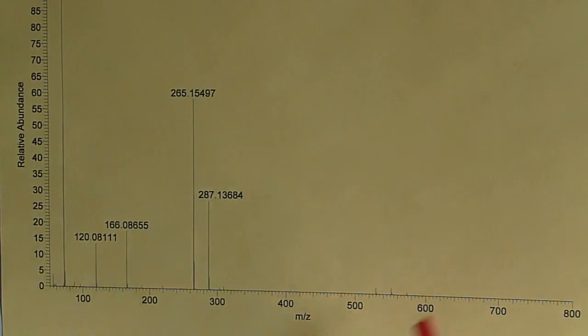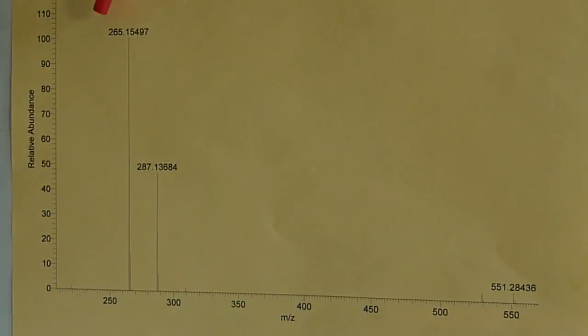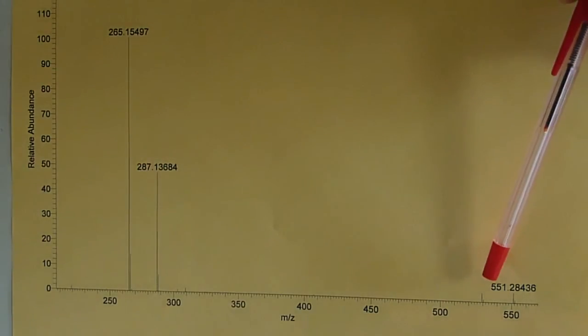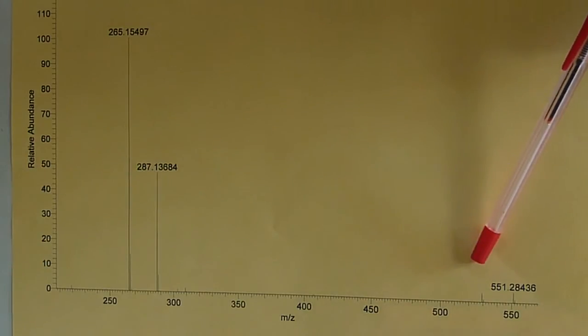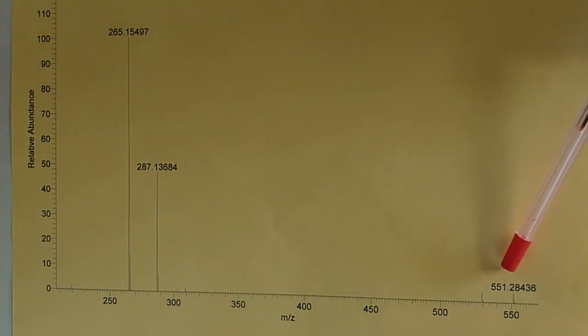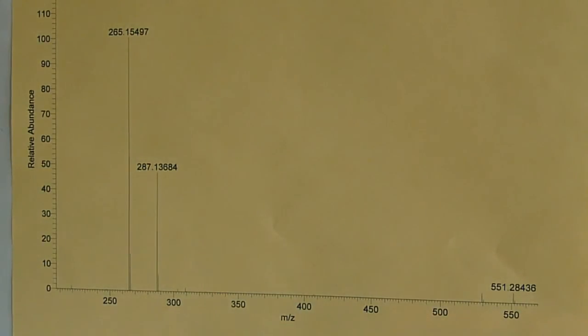And let's zoom in on these. Zooming in, we have our 265 for M+1, our 287 for M plus sodium cation, our 529 for the 2M+1, and our 551 for our 2M plus sodium.